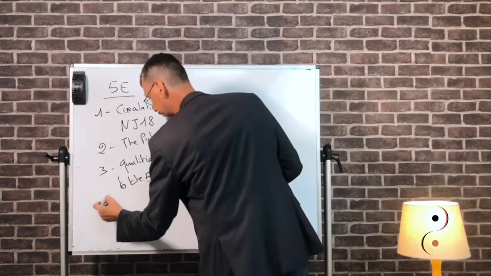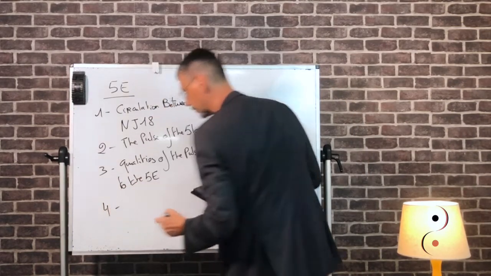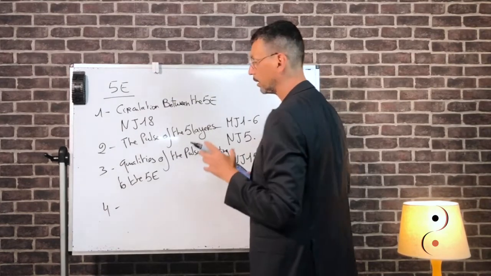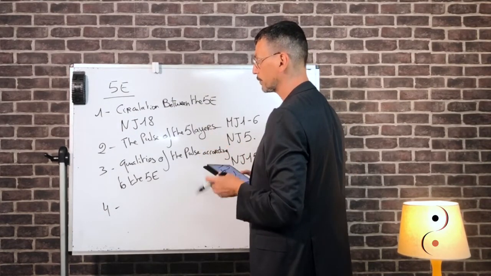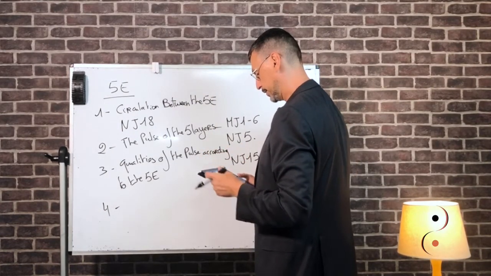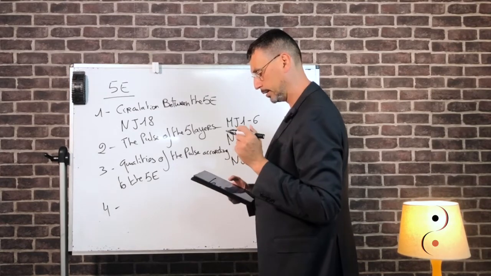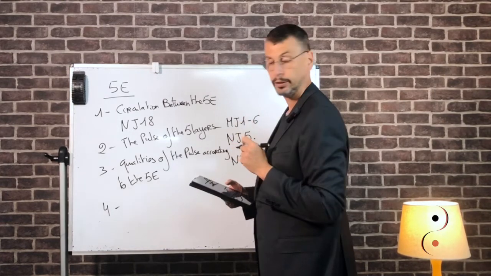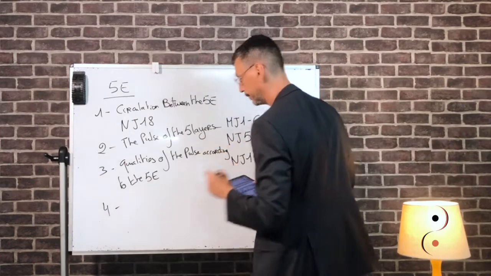And fourth, the analysis of the pulse of the 5 elements is given in the 3rd book of the Maijing.